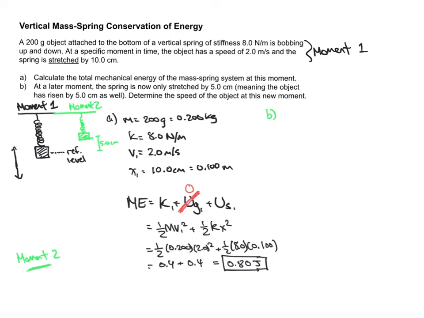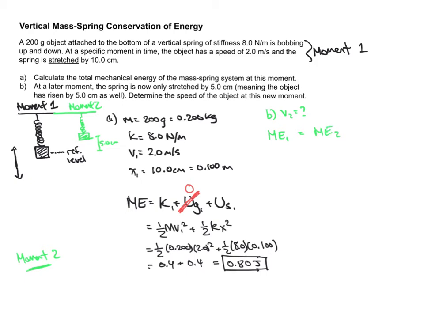Now determine the speed. So determine the V2 of the object at the new moment. This is a conservation of mechanical energy question. There's only gravity and the elastic force here. Both of those are conservative forces, so we can conserve mechanical energy. That looks like ME1. I'm going to write ME1 because I've calculated that in part A, 0.80 joules, and that's going to equal ME2.